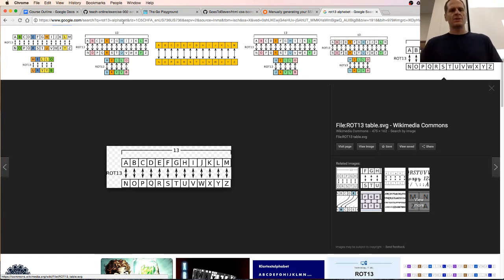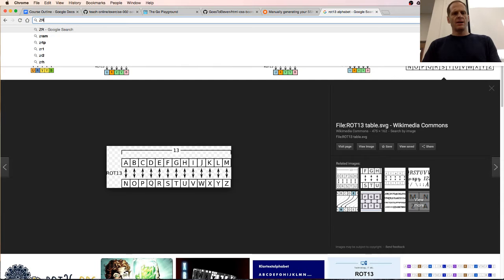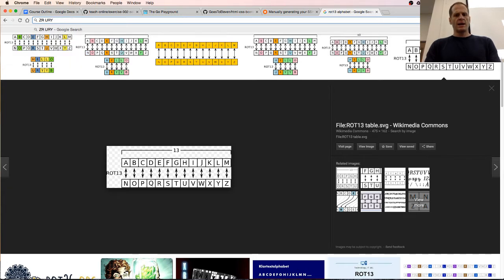ZR, and then U, and then R, and then Y, and then C. So that's the encryption I send you. ZR, URYC. And then you get that message, and we're using symmetric keys.